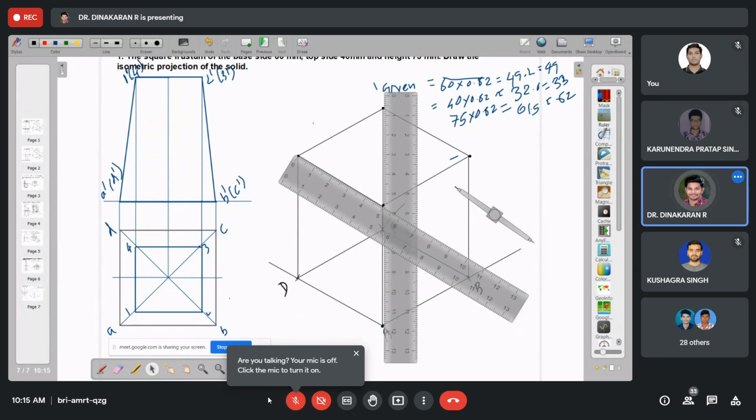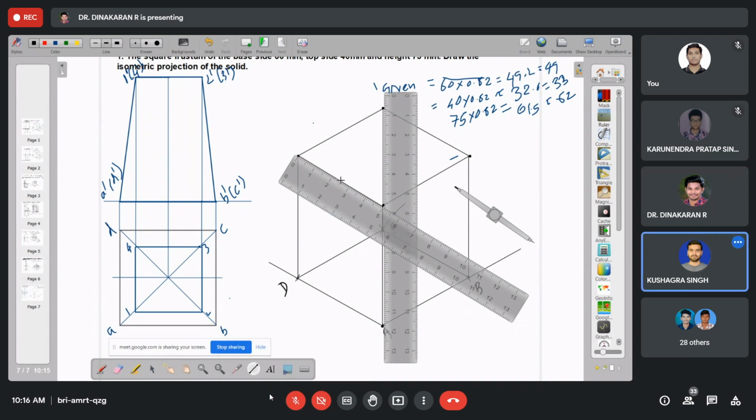How much is the point? 49 divided by 2, 24.5.